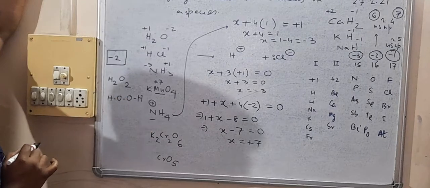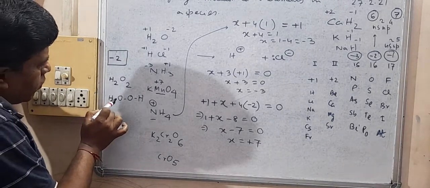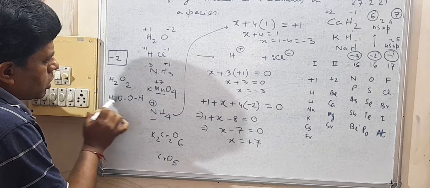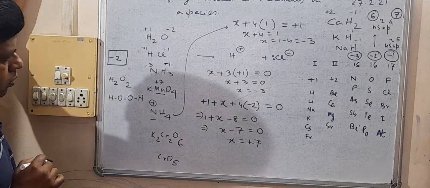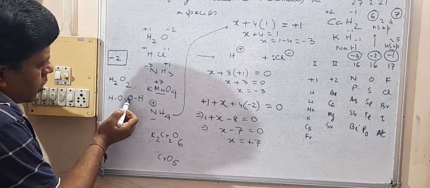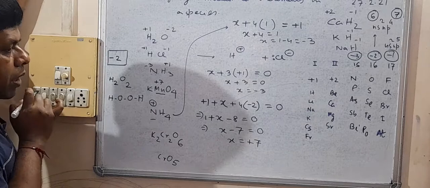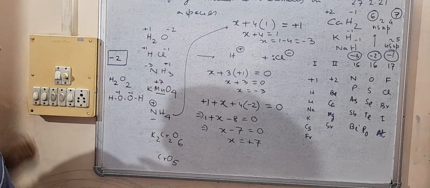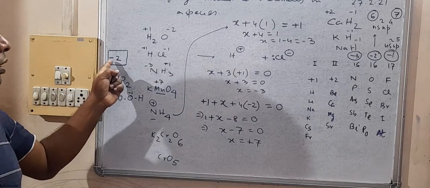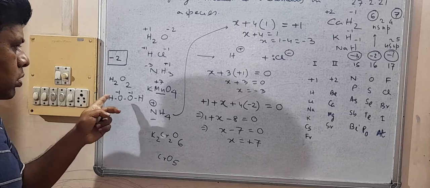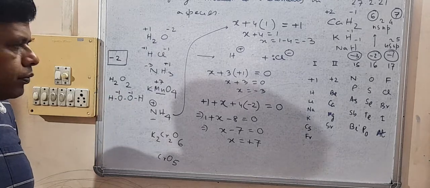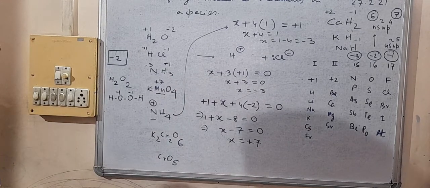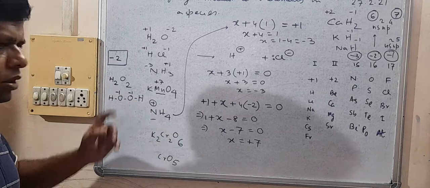Hydrogen peroxide is this, and we call this oxygen linked with oxygen. Such oxygen is called peroxide oxygen. Peroxide oxygen has an oxidation number of minus 1. That you have to remember. Normal oxygen is minus 2, but if there is peroxide oxygen, it is minus 1. That you have to remember. So oxygen has oxidation number minus 2, peroxide oxygen minus 1.